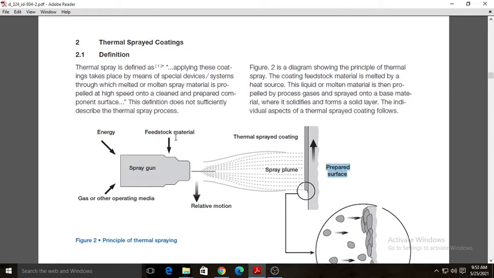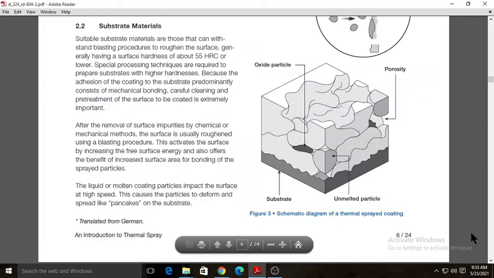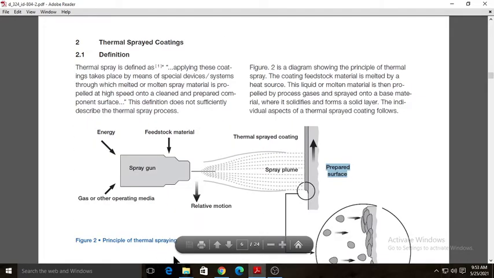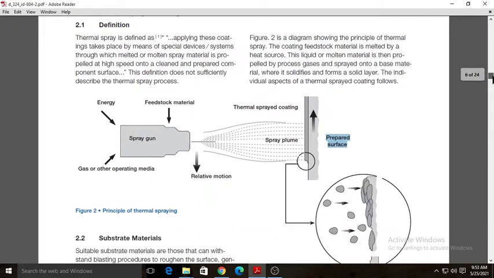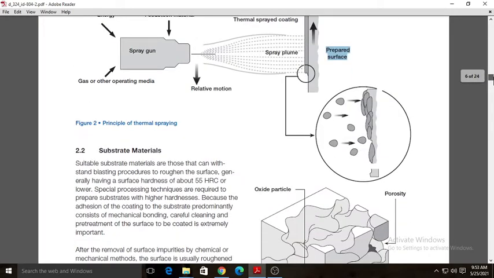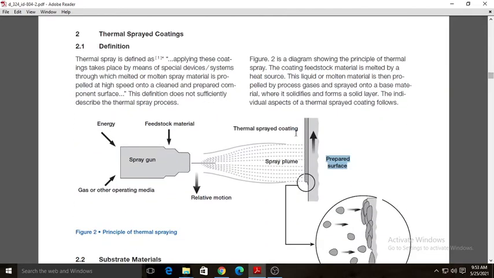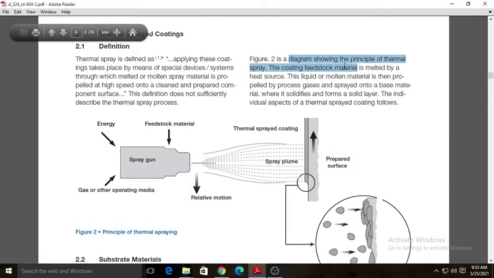Okay, so in figure 2 here you can see, this is figure number 2, the diagram showing the principle of a thermal spray coating.